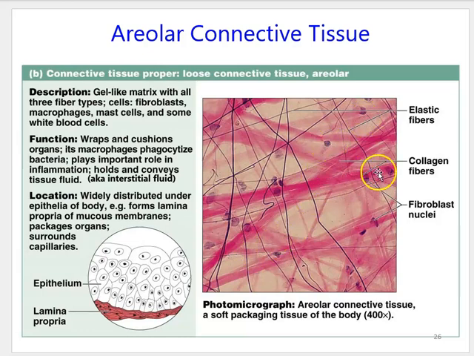I see nuclei, so cells that are separated from each other, and they don't appear to be associated with any of the other big structures in any obvious way. So I would expect those to be fibrocytes or fibroblasts, so cells from CT proper.